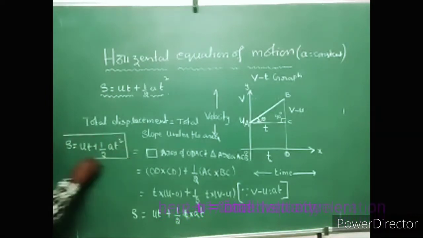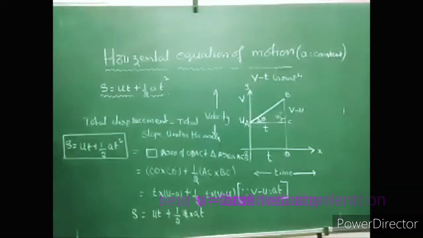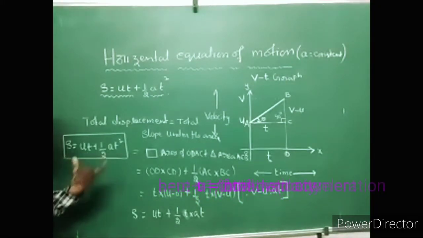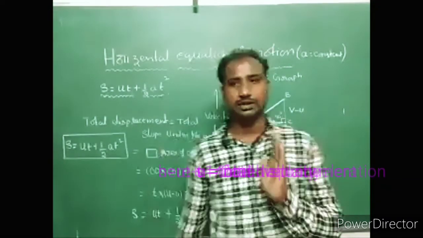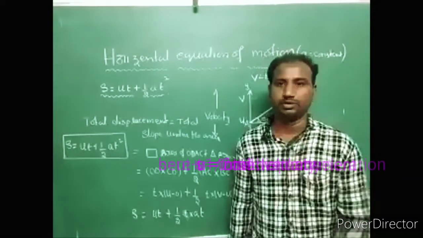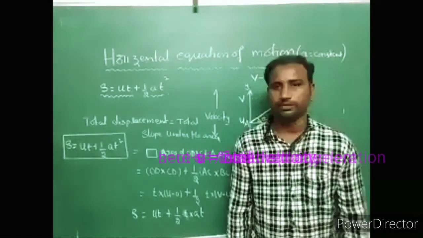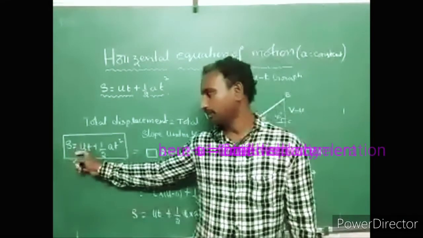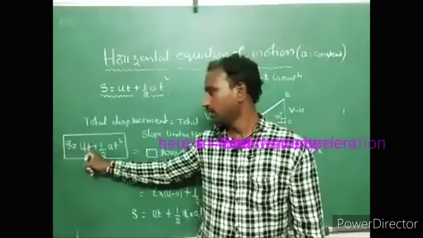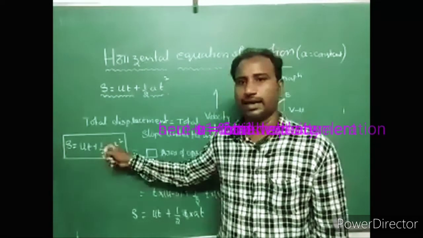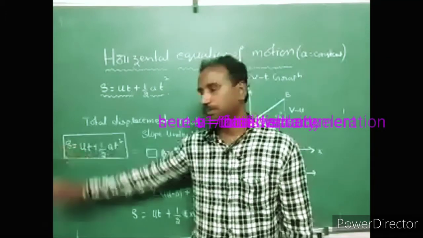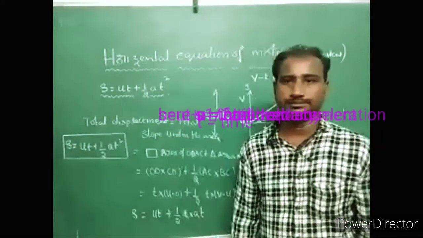This equation represents the second equation of motion. This equation is used to find the total displacement covered by the body, S equal to UT plus 1/2 AT square. U represents initial velocity, T represents time, A represents constant acceleration, S represents total displacement.